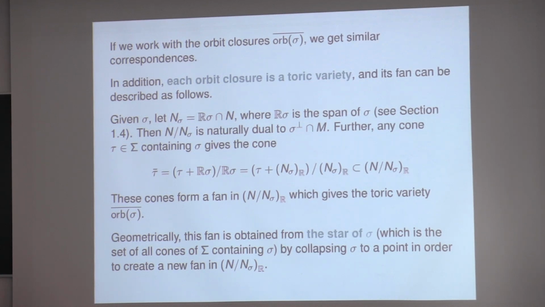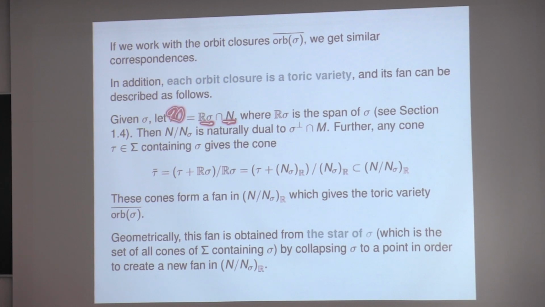What is the fan for the orbit closure, the closure of the orbit of a sigma? Well, you do the following. Take the span of your sigma. We use this notation for the linear space that your cone sigma spans. Then now intersect that with the set of lattice points.